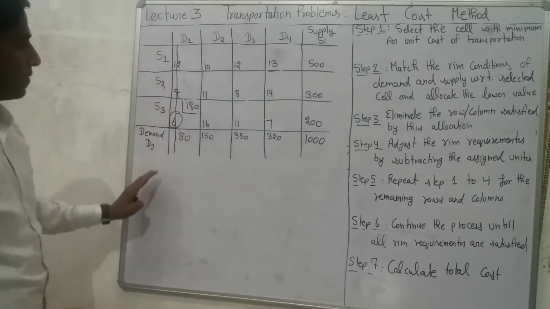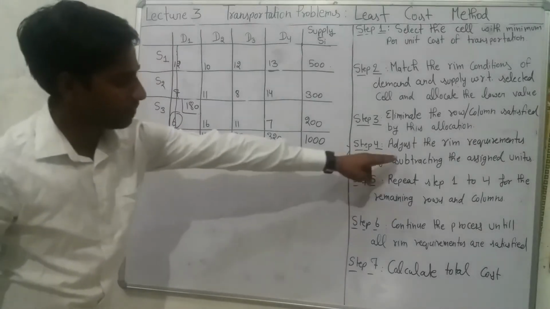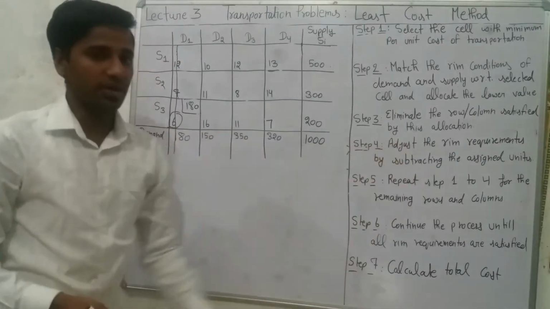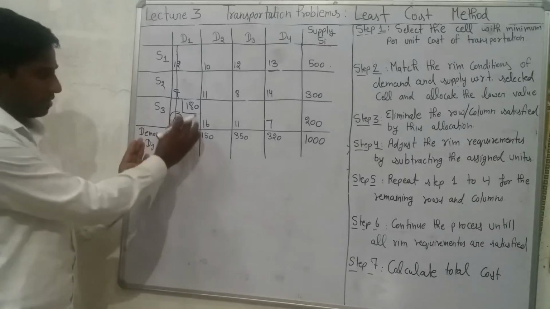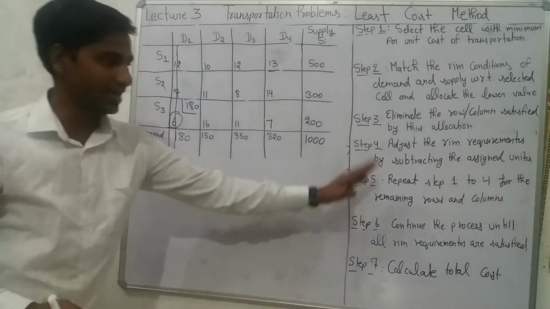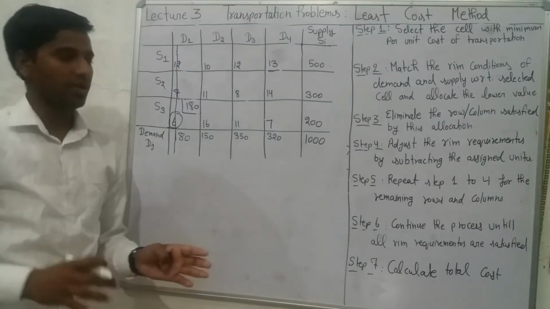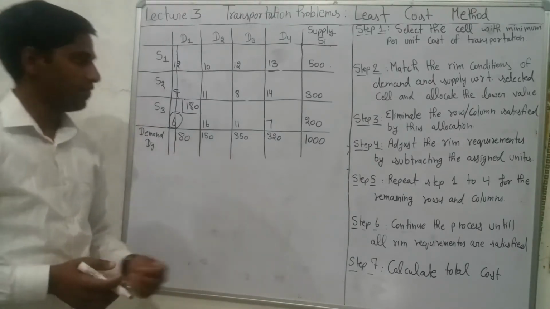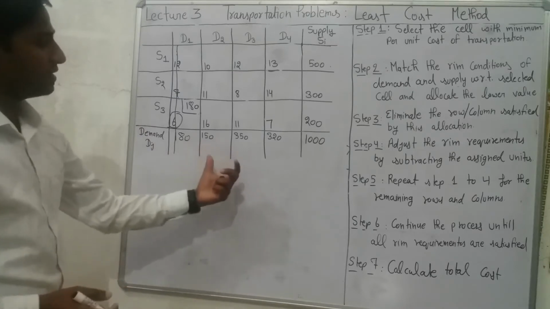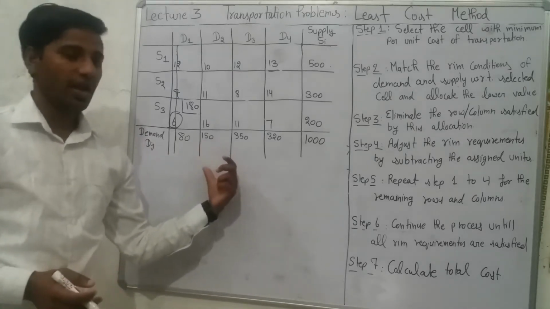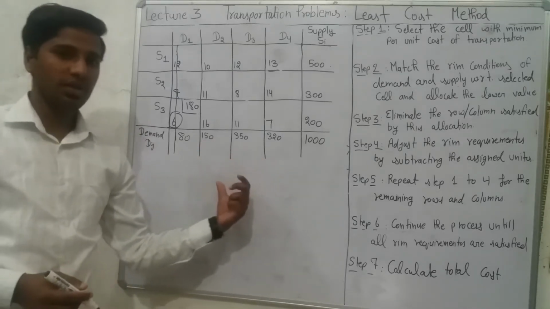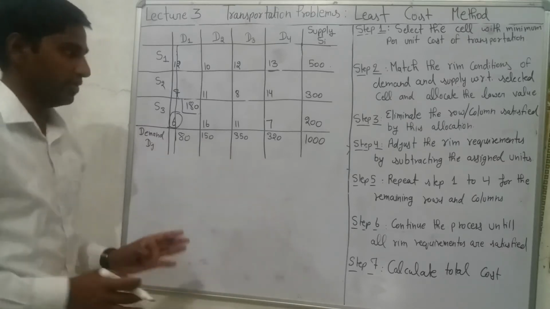Okay. So what would be the next step? Adjust the rim requirements. After eliminating this column, we have to adjust the rim requirements. What is the meaning of adjusting rim requirements? We have to recalculate the supply and demand of the rows and columns by subtracting the assigned value.